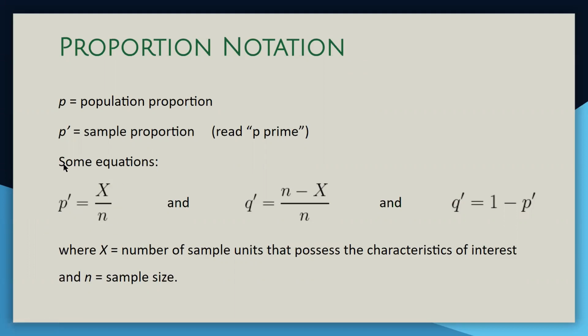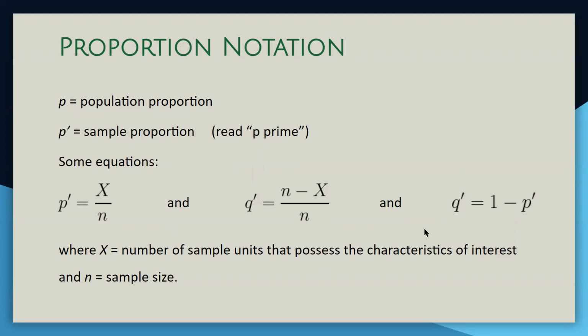That p prime, that sample proportion, is the number of sample subjects with the characteristic of interest divided by the sample size. And that will be a decimal value. And q prime is the proportion of the sample that does not have the characteristic of interest.